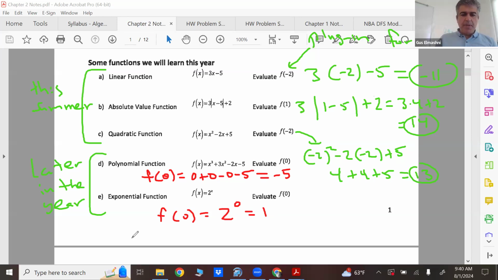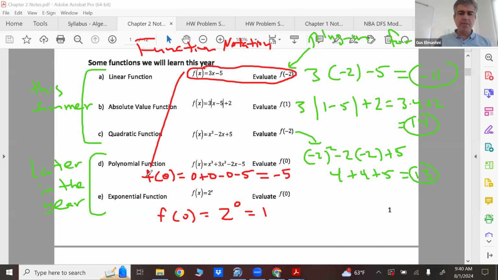So what does this really mean when you have function notation? So all this is called function notation. Why is this a good thing? So let's look at this here, right? You can say it one of two ways.